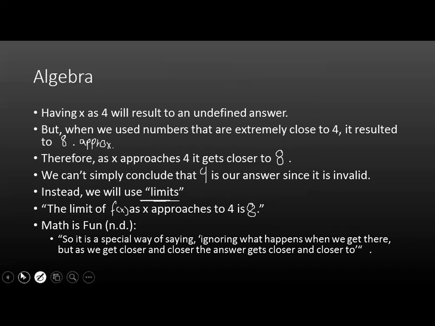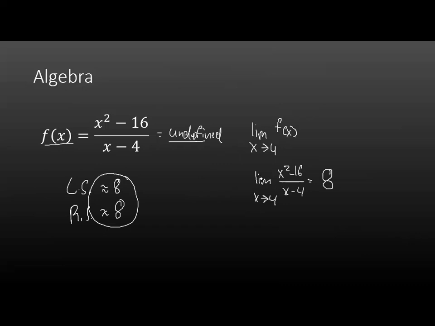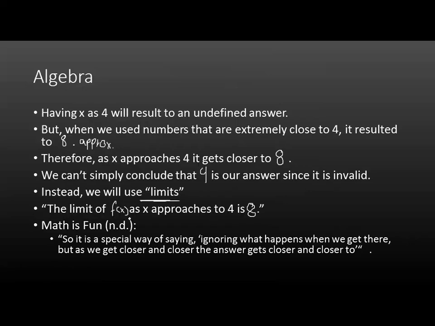Or we can pronounce this as the limit of x squared minus 16 all over x minus 4 as x approaches 4 is 8. So in simple words, Math Is Fun stated that it is a special way of saying: ignoring what happens when we get there, as we get closer and closer, the answer gets closer and closer to 8.